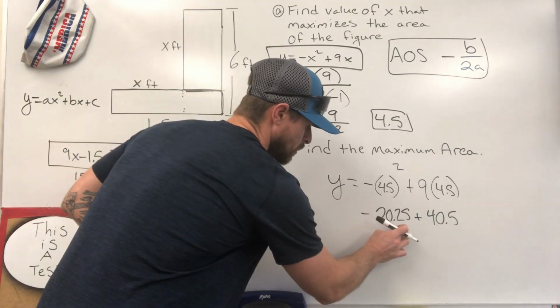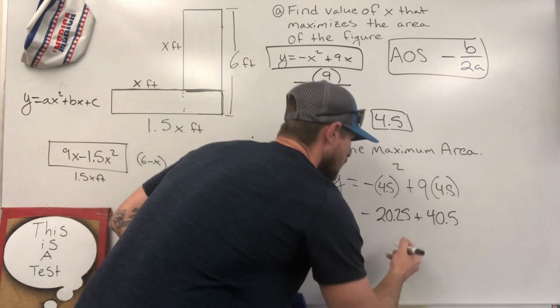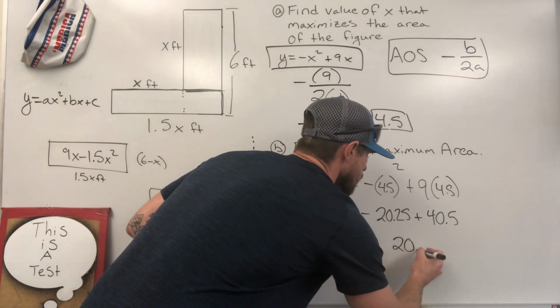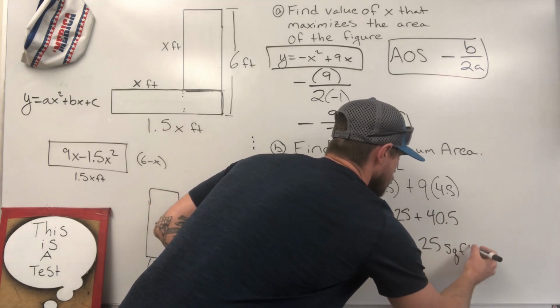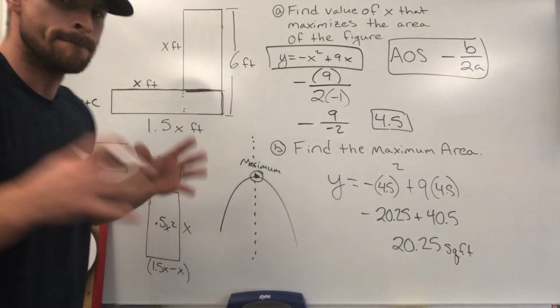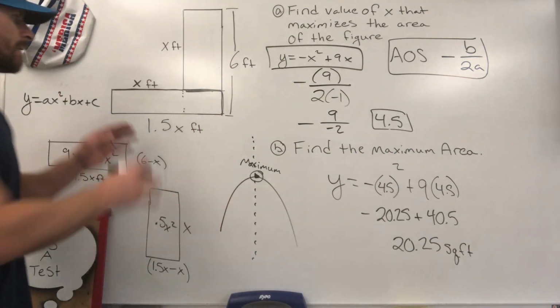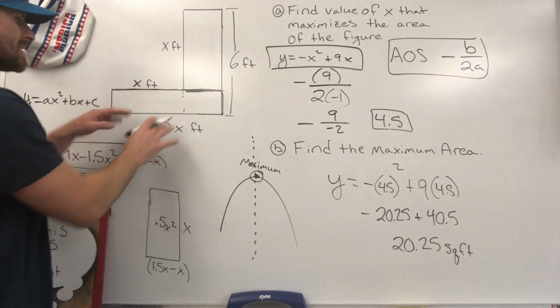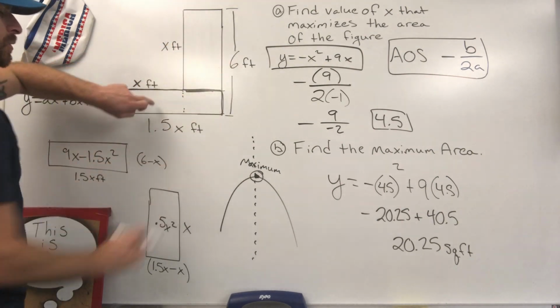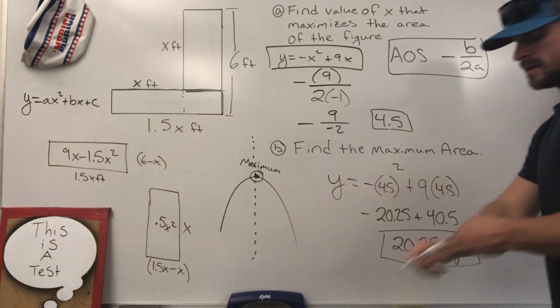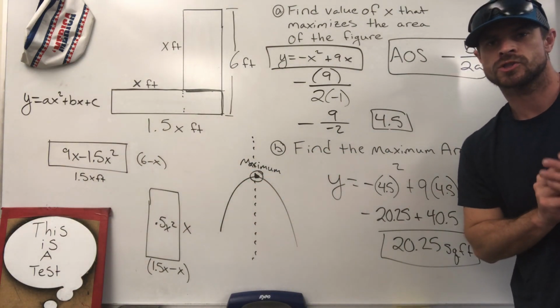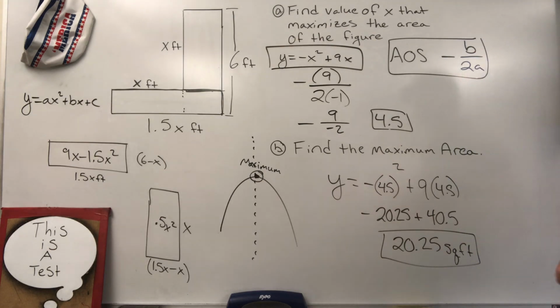A negative 20.25 plus 40.5 leaves me with 20.25 square feet. So the maximum area that I could get from a shape that has these ratios to it is exactly 20.25 square feet. Okay, hopefully this makes sense.